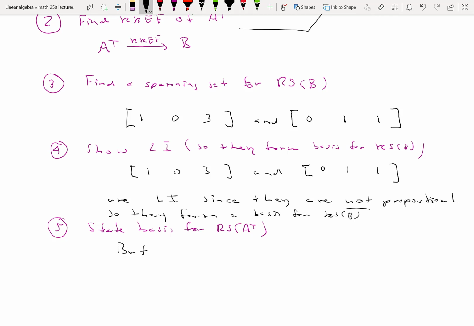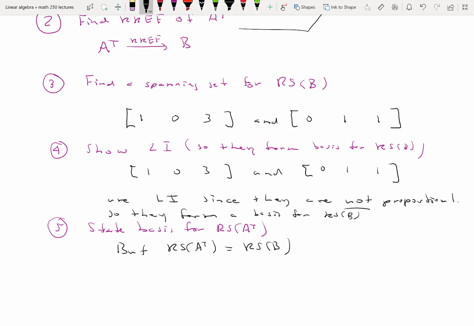But the row space of A transpose equals the row space of B. Why? Because row equivalent matrices have the same row space. That was the theorem.